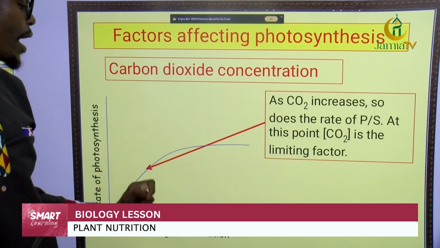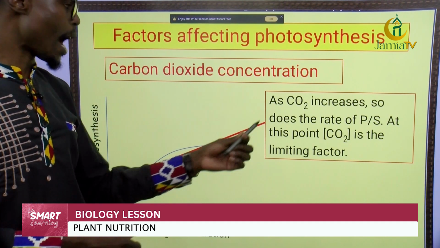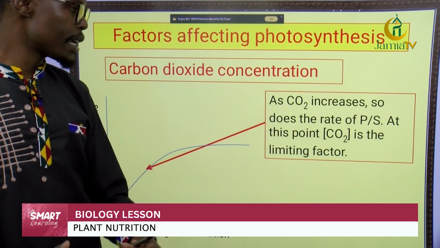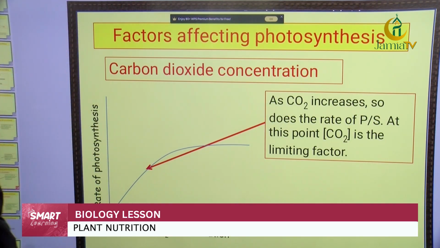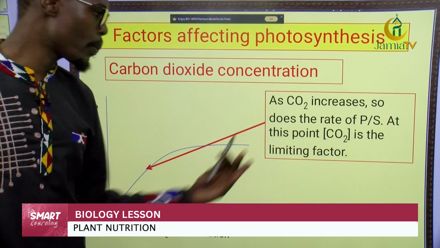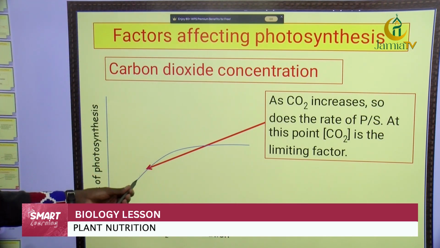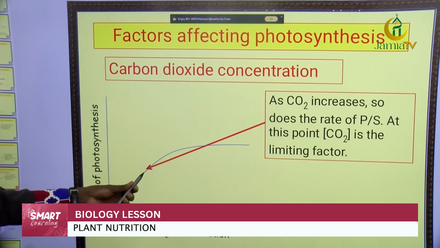But what will happen as you increase the concentration? So you indicate that as CO2 increases, so does the rate of photosynthesis. At this point, the CO2 is our limiting factor, at a slightly lower level.